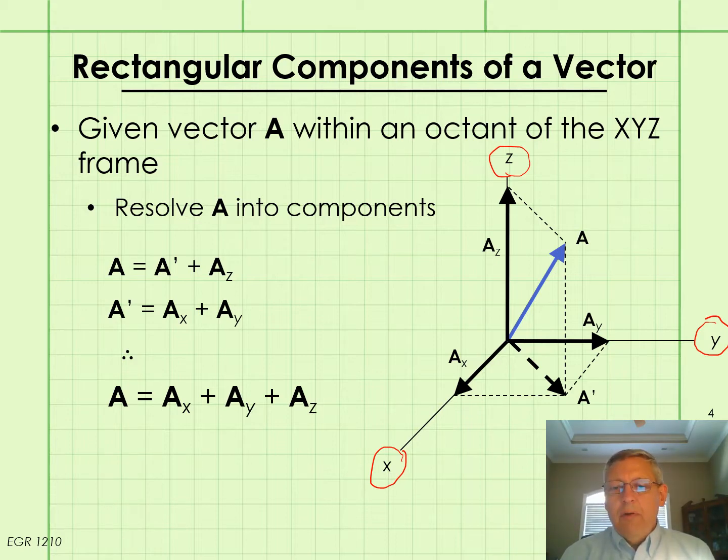So remember that the angle between the y and the z axis is a right angle, as is the angle between the x and the y axis, as is the angle between the z and the x axis. So keep this in mind when you're doing 3D work.